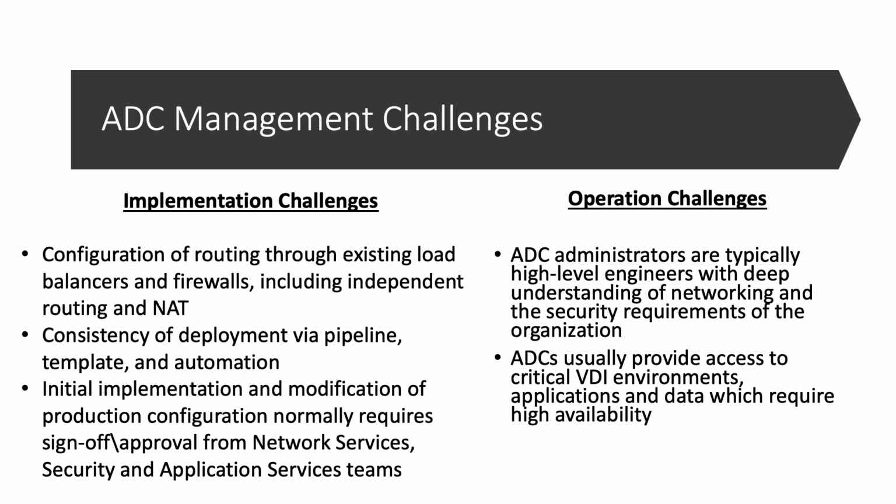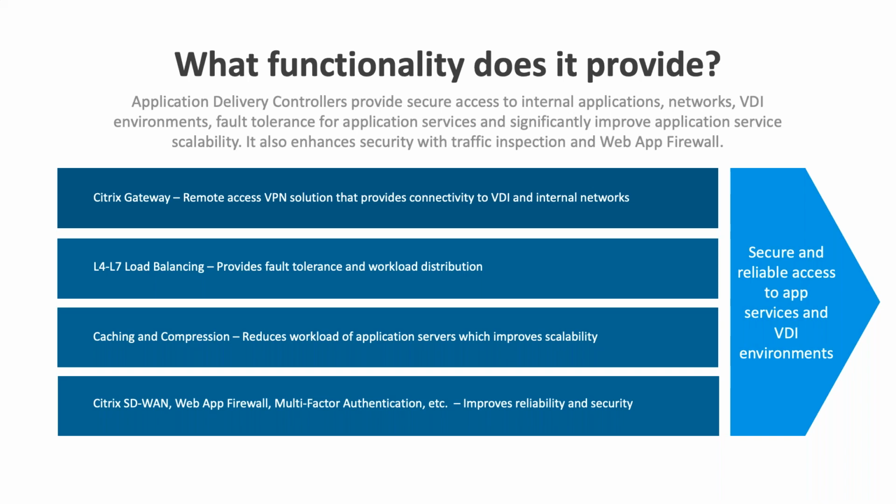All right, so now we've got our ADC implemented. We're defining those operation challenges and understanding what it takes to maintain this technology. Now it's understanding the core functionality. What does it do for us? An application delivery controller provides secure access to internal applications, networks, VDI environments, fault tolerance for application services, and significantly improves application service scalability.